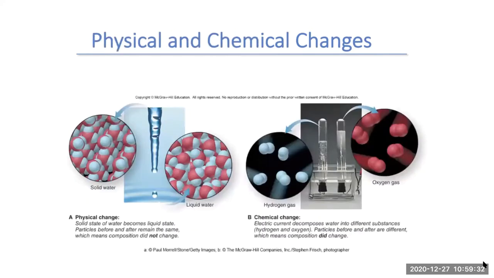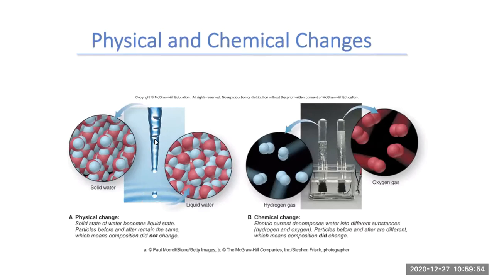So looking at a couple examples of physical and chemical changes involving water. When we have a physical change in water, it can go from a solid water, ice, and if you heat it up enough, it's going to change its temperature and its state. So it's going to change from 0 degrees Celsius when it's ice to above 0 degrees Celsius when it becomes water.